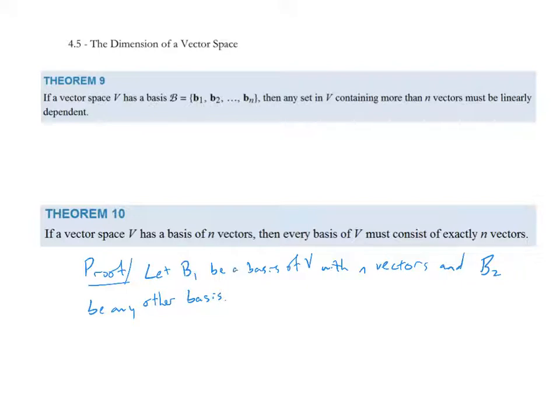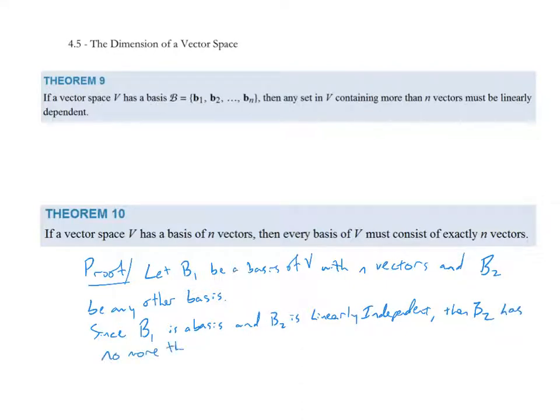All right, it's kind of a two-pronged argument. The first prong, if you will, is: since B1 is a basis and B2 is linearly independent, then B2 has no more than n vectors.